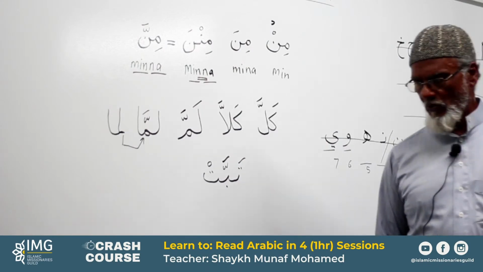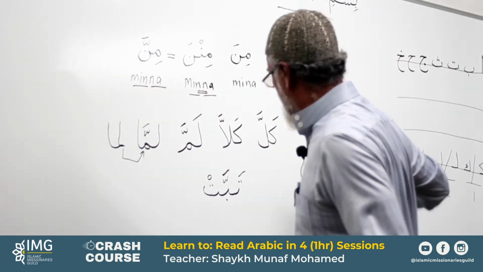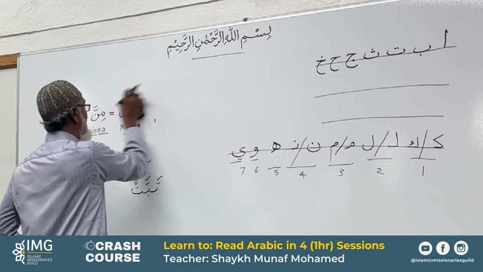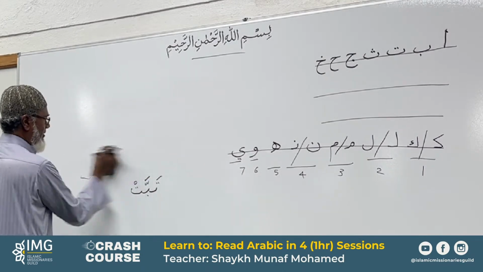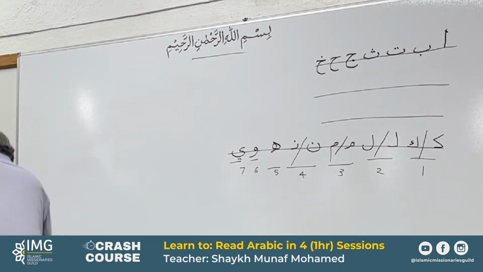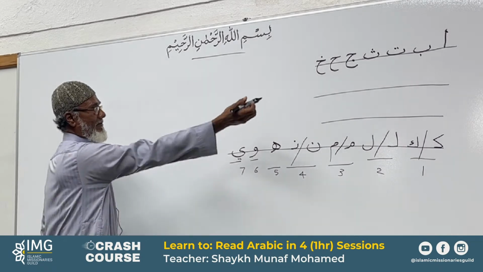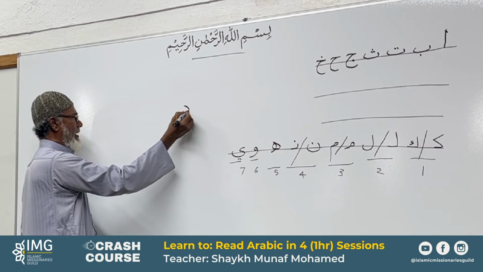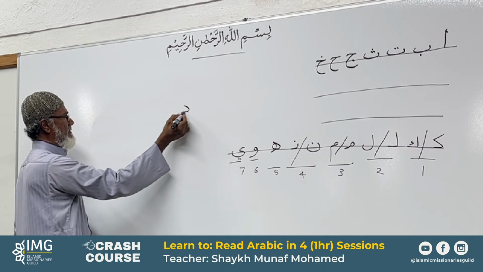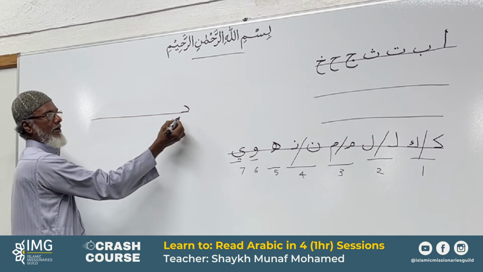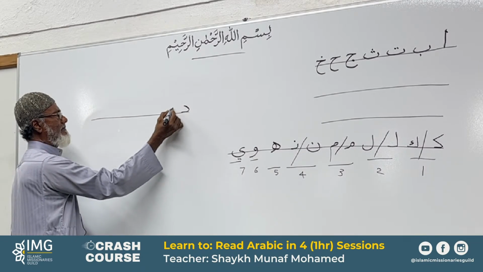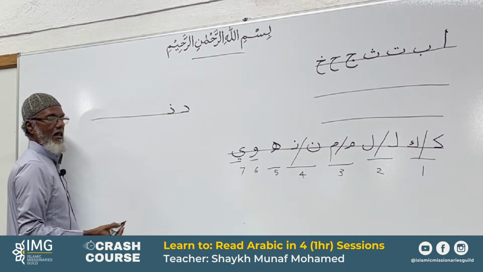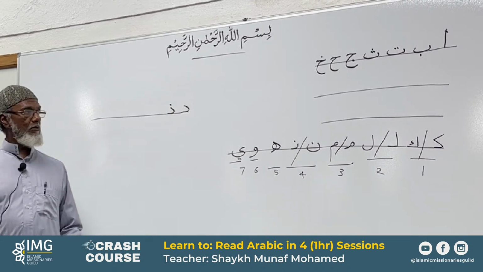All right. So now we're going to look at the letters for the next line. Line 2, sorry. We are looking at line 2 in session 3. Okay? So what you're going to notice now is that the letters are coming in pairs. This is the line, all right? And this is the letter dal, and this is dhal. All right, same shape.